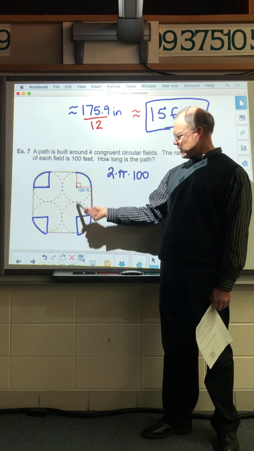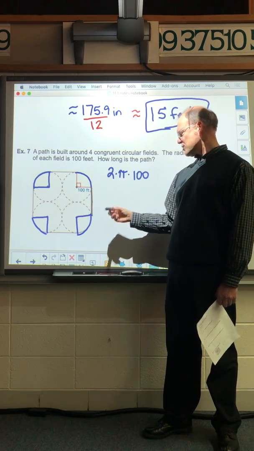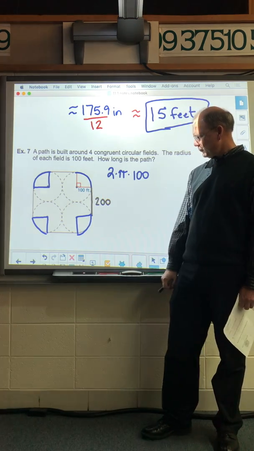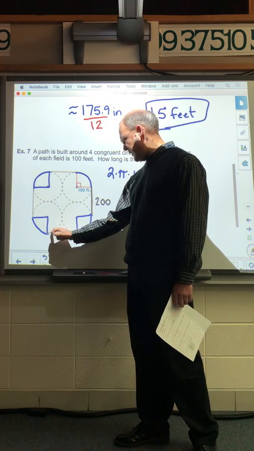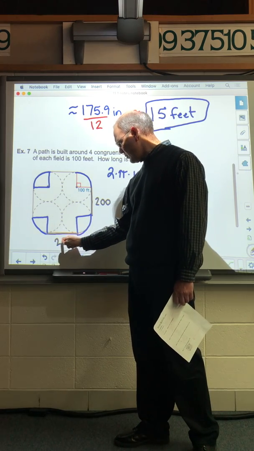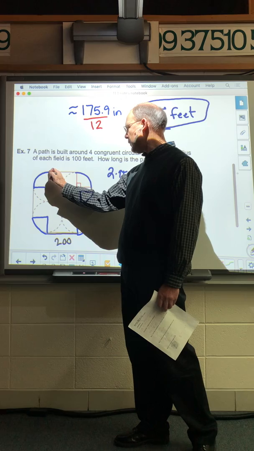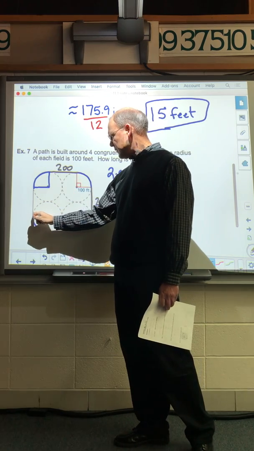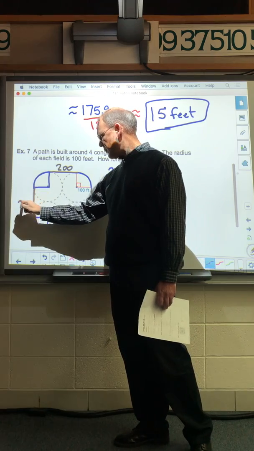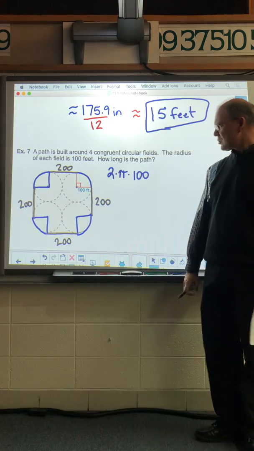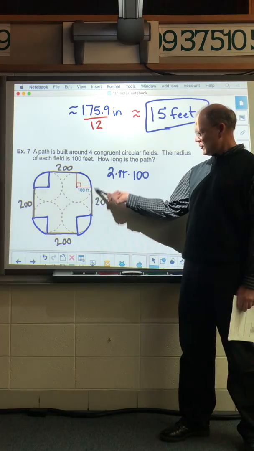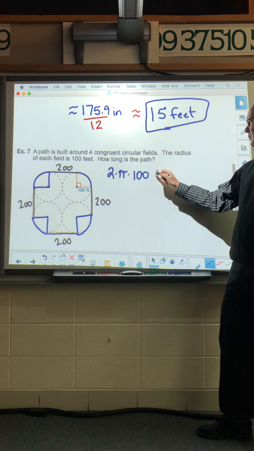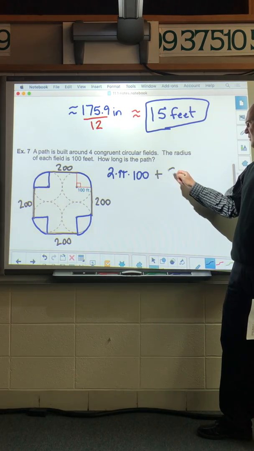So 100 plus 100, that distance would have to be 200. And it's going to be the same thing down here. And the same thing here. And the same thing here. So the part between the curves, 200 times 4 is 800.